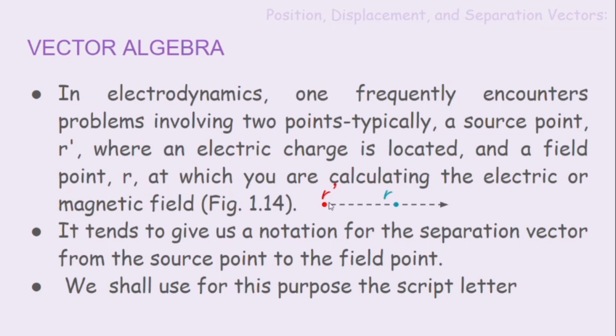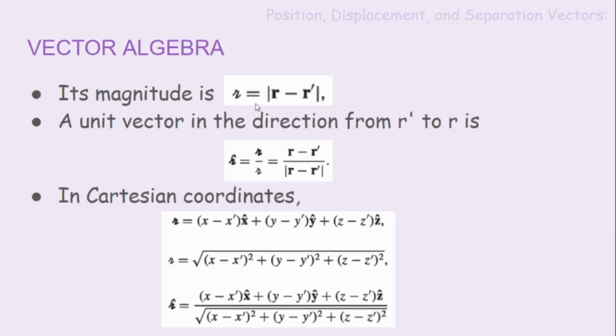This is the source point, and this is the point where we want to calculate the electric field or magnetic field. So this is the separation, or difference, between these 2 vectors, and it will be represented by this script r, and it will be equal to r minus r prime, and its magnitude is taken in the mode.